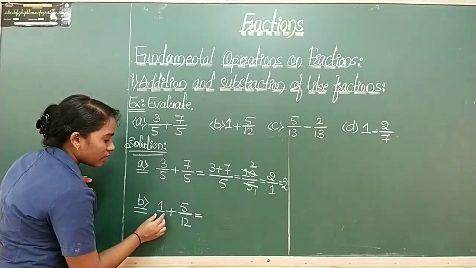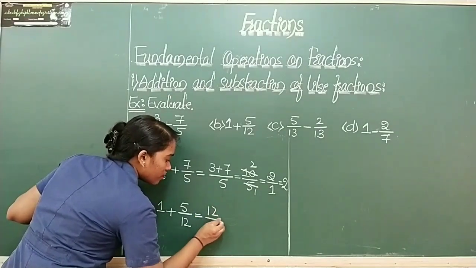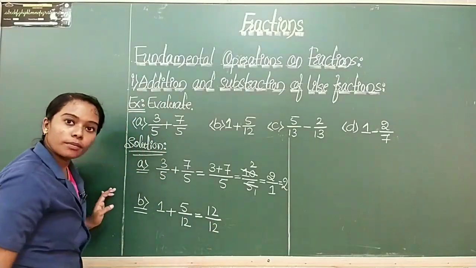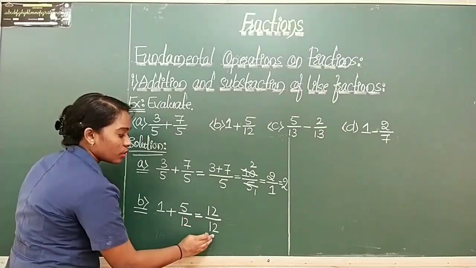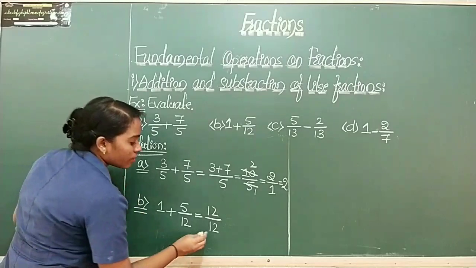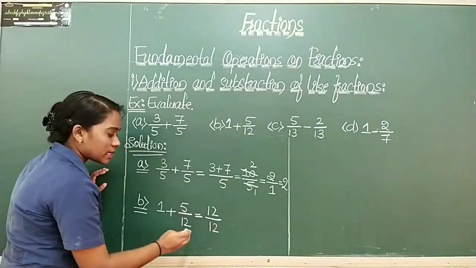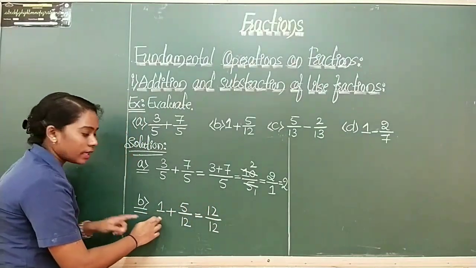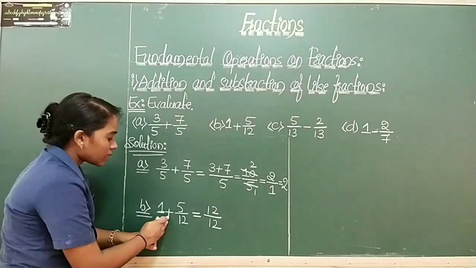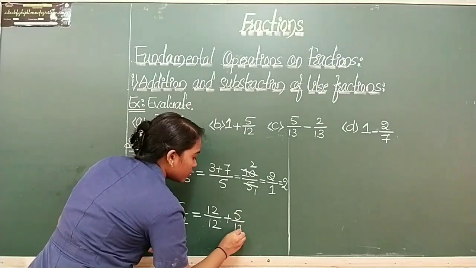See, for that, write 1 as 12 by 12. We want 12 in the denominator. Same number you have to write in the numerator. See, why? Because if we reduce it into lowest term, it will give 1 only. 12 ones are 12, so we get 1 only. Now, to this add 5 by 12.